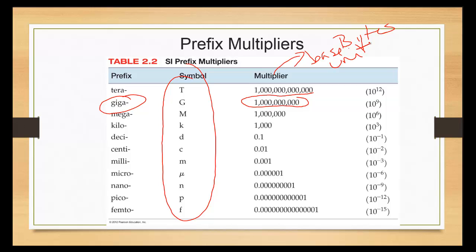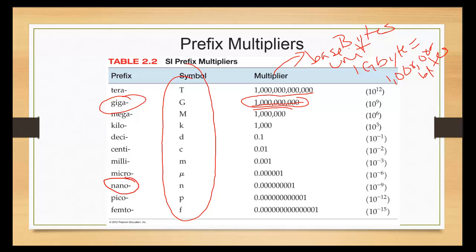So that means 1 gigabyte is equal to this many times bytes. So 1 billion bytes. Another example could be nano.